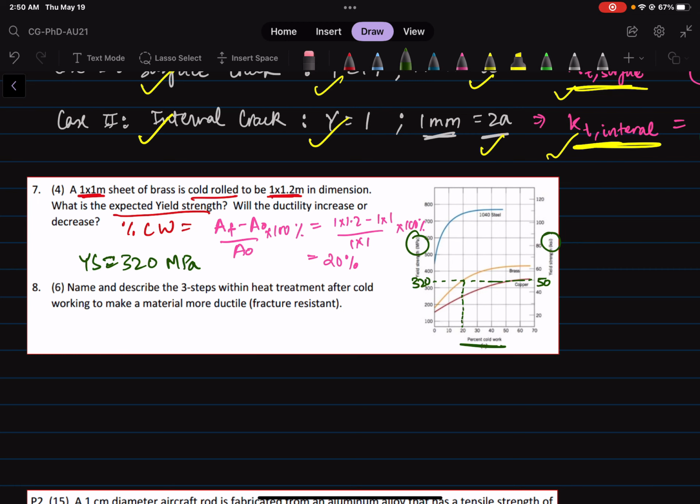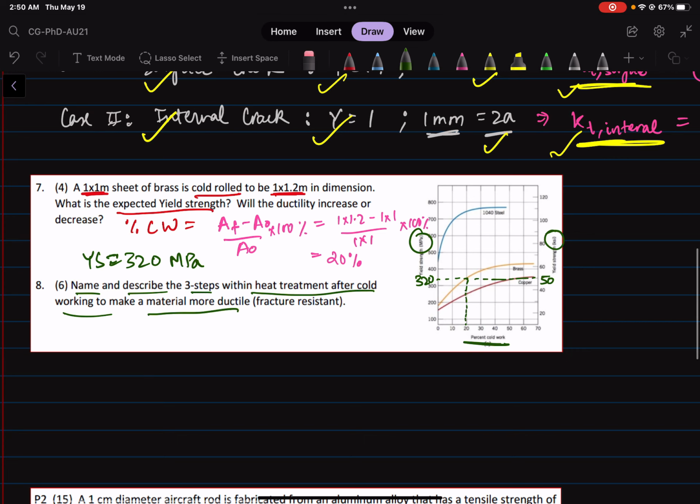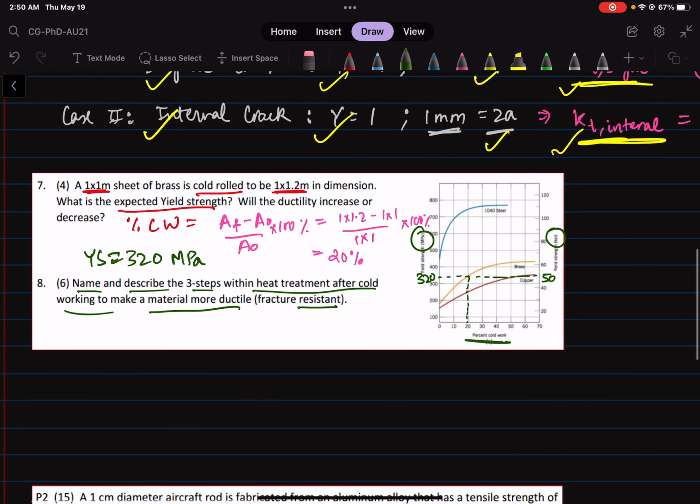And then for the next question, name and describe the 3 steps within the heat treatment after cold working to make the material more ductile or fracture resistant. So the 3 steps that come here are recovery, followed by recrystallization, followed by grain growth.